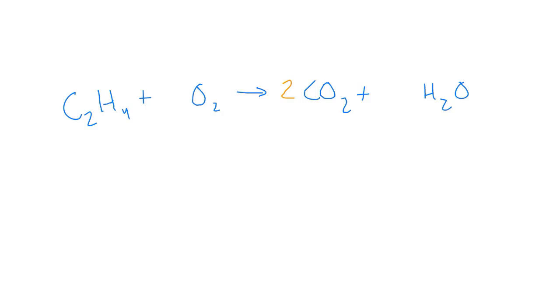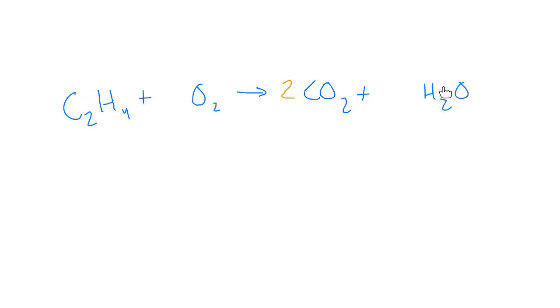Let's see what we've changed. It looks like we've changed the oxygen a little bit. So let's go ahead and figure out what we're doing with the oxygen. We have 2 oxygens on the right-hand side, and on the other side, 1, 2, 3, 4. So we have 4 here. Oh, sorry, let me put on the pointer. 4 here.